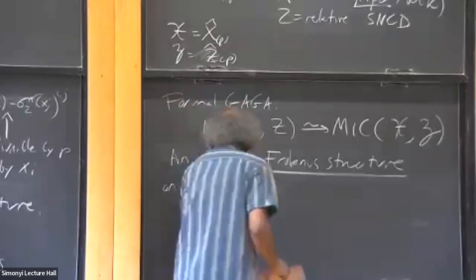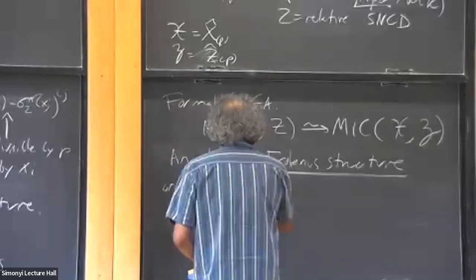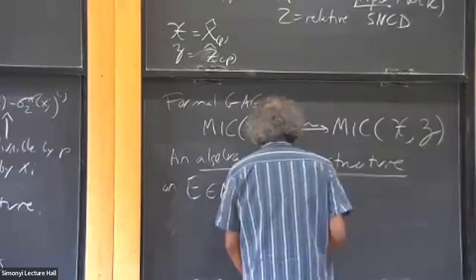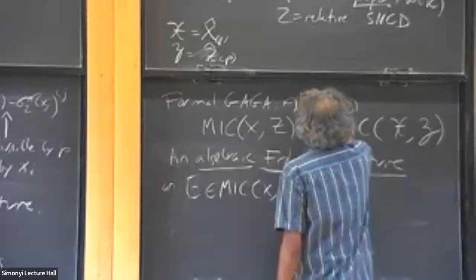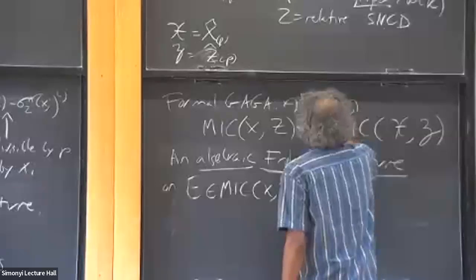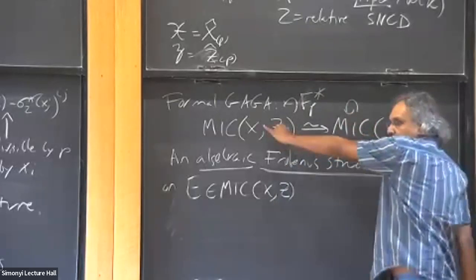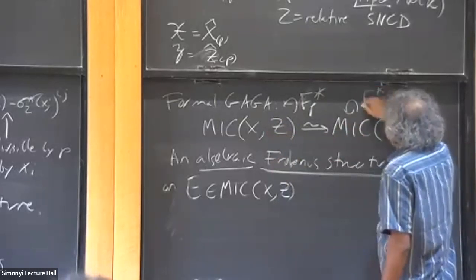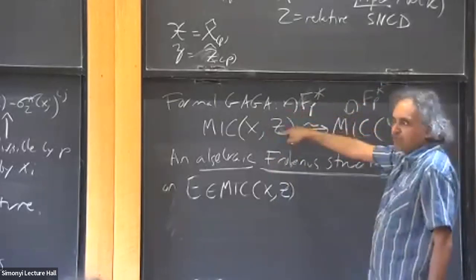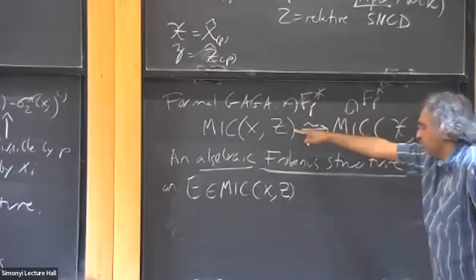So now I'm going to write it without the fraktur. In particular, because I have this equivalence, this functor that I'm talking about actually makes sense on this category. It's kind of mysterious because the construction of this functor goes very much through formal schemes, but nonetheless you get a well-defined answer.